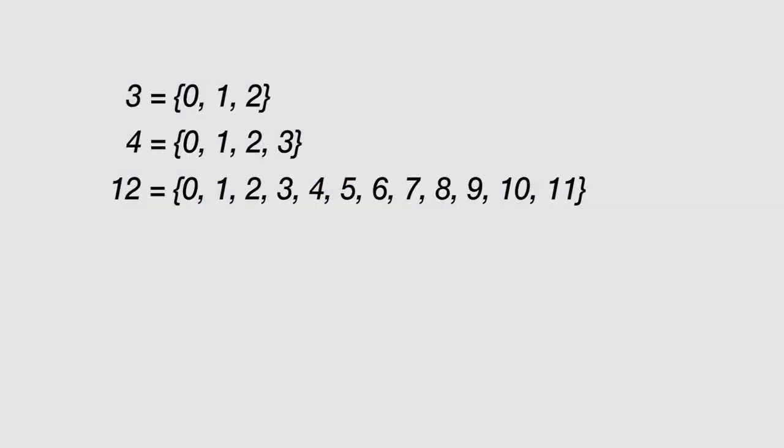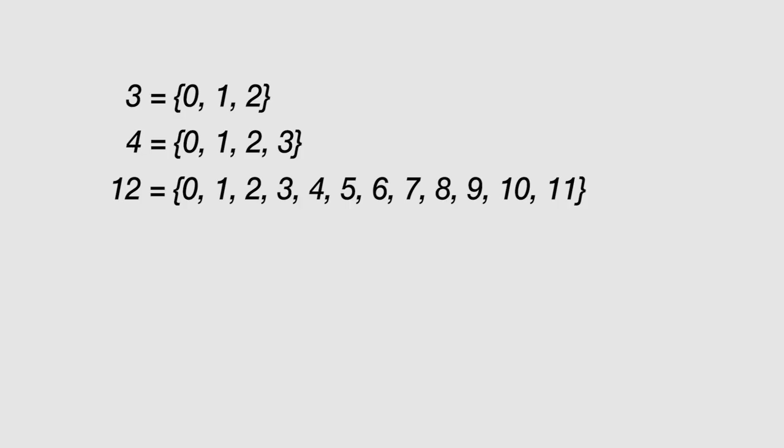Now, when working in the following moduli, these are the possible remainders you can have. For mod 3, the remainders are 0, 1, and 2. In mod 4, the remainders we have are 0, 1, 2, and 3. I'm sure you can see how we are getting these numbers as the remainders.